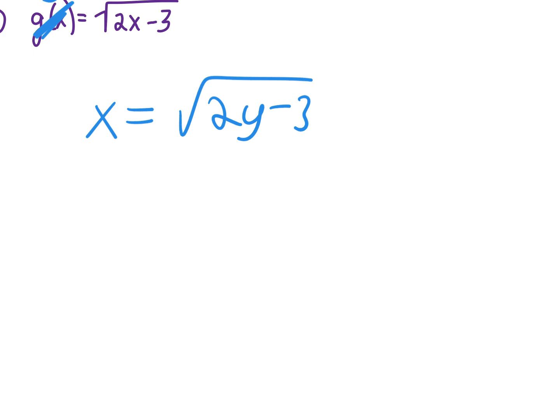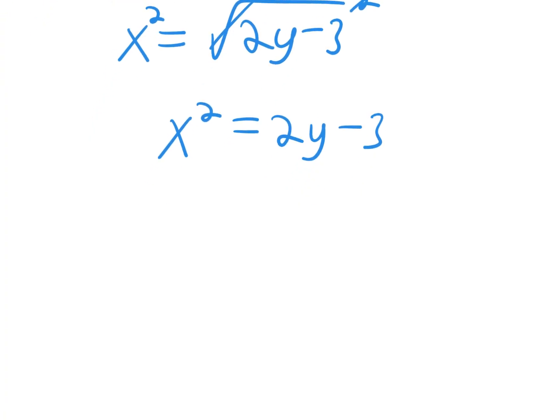Good, right? So I see a square root over this entire thing. The opposite of a square root is you square. All right, they're inverse operations. So those cancel out. You end up with x squared equals 2y minus 3. And then from here, pretty straightforward to get the y by itself. Let's add 3 on both sides.